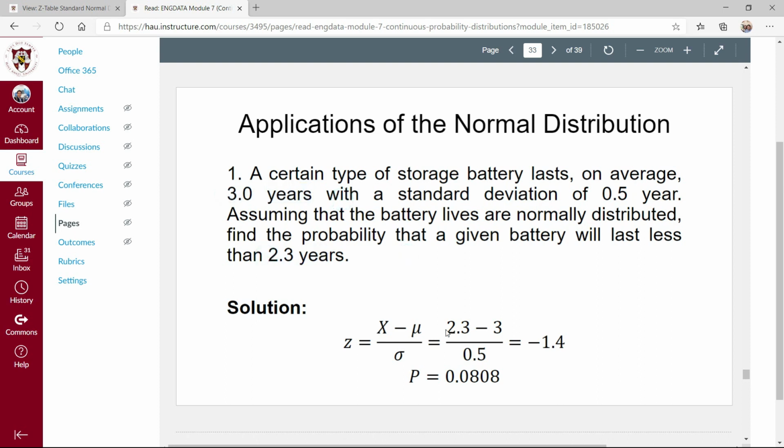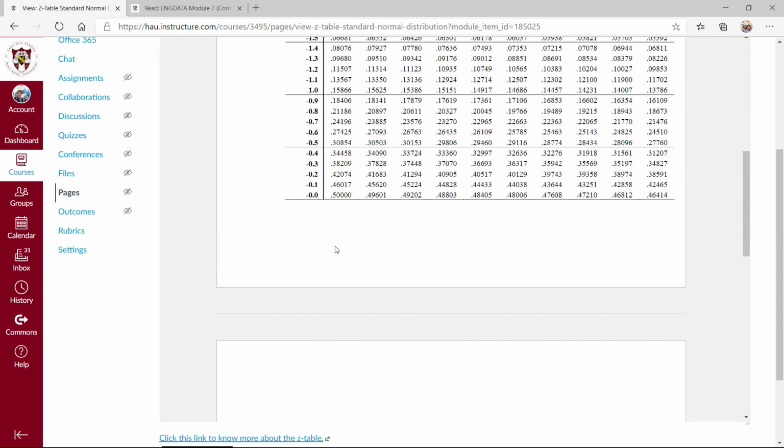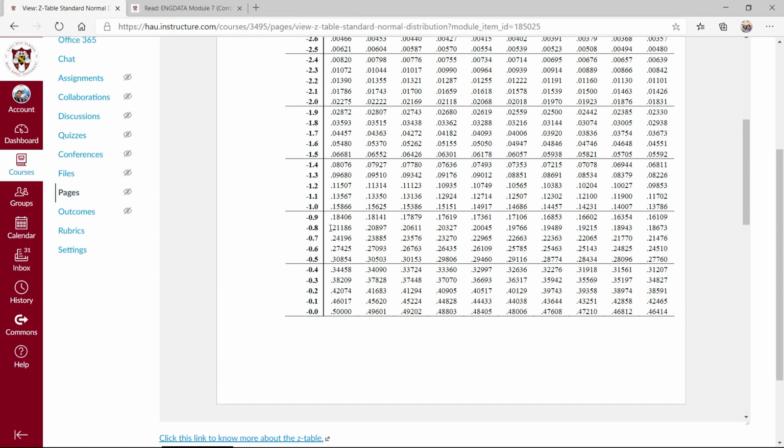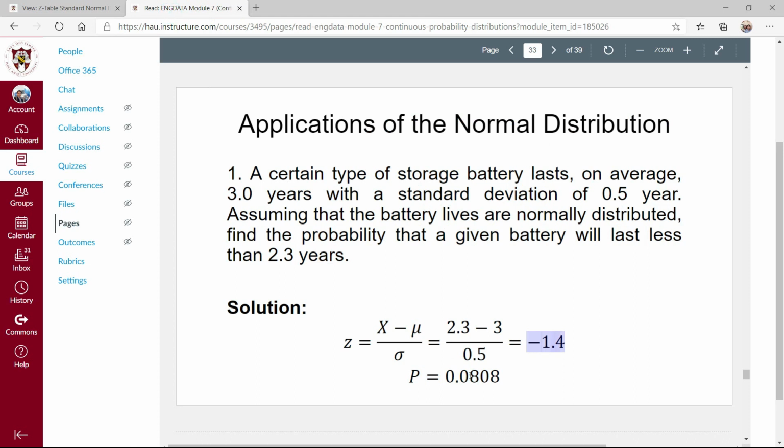So that is 2.3 minus 3 over the standard deviation of 0.5 year. We'll have an answer of negative 1.4 for the z. So you'll have an answer of 0.0808.